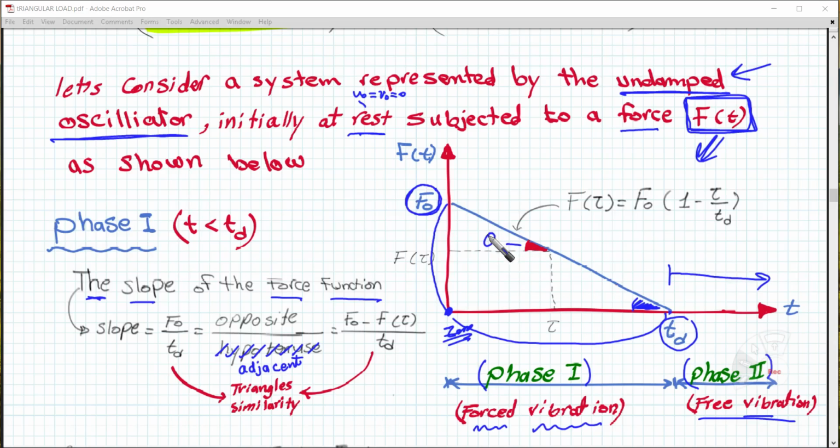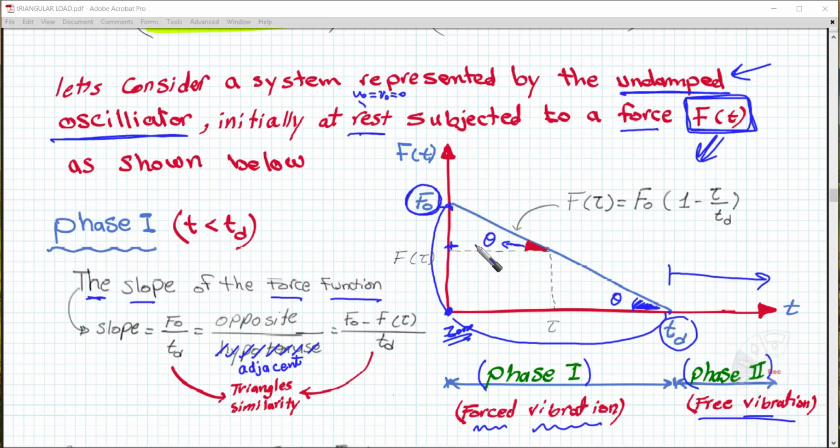Both of them, for example, we call theta. So theta here equals F node over TD, and theta here, in the larger triangle, is going to equal this part, or this portion here.